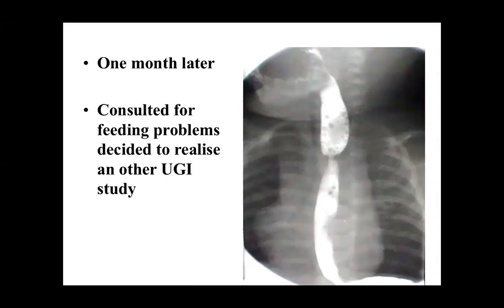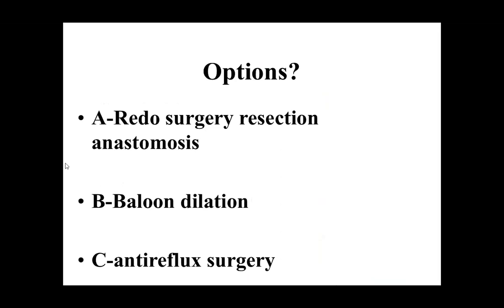One month later, this patient reconsulted for feeding problems, so we decided to realize another upper GI study that showed this anastomotic stenosis. So what would be your options? Redo surgery with resection, or balloon dilation, or anti-reflux surgery?